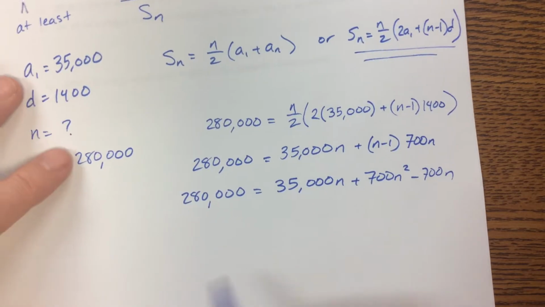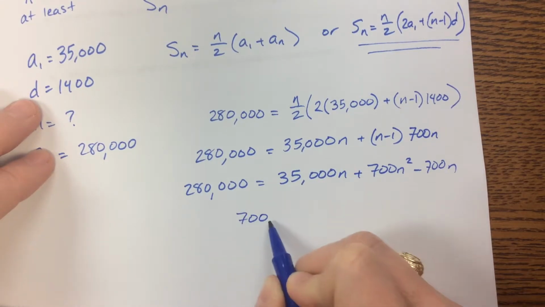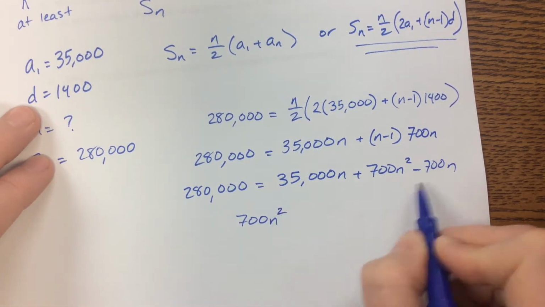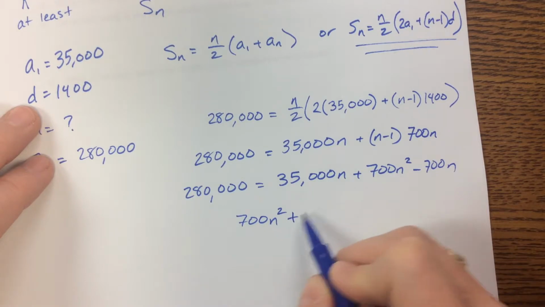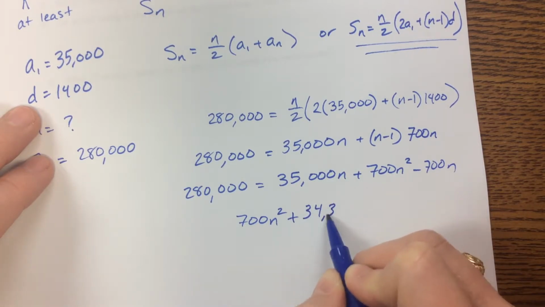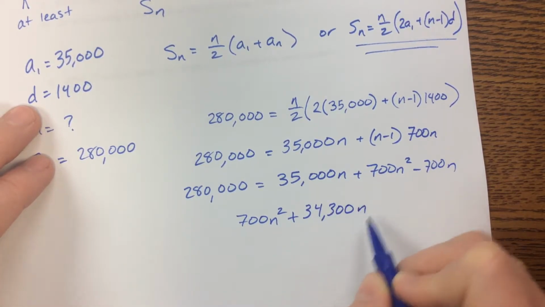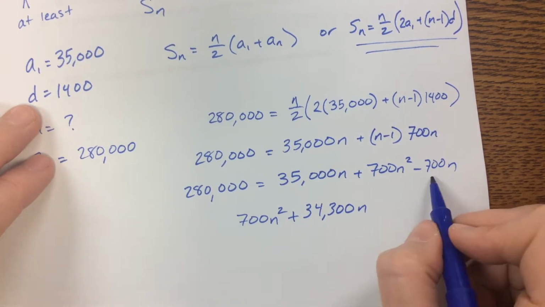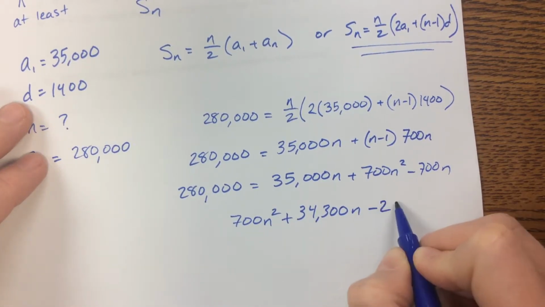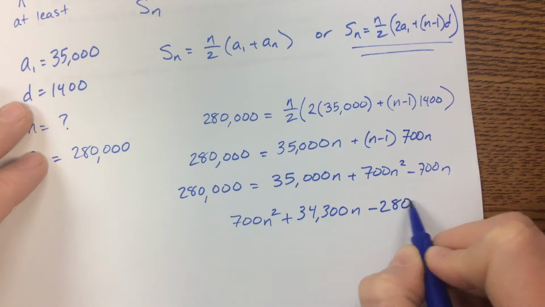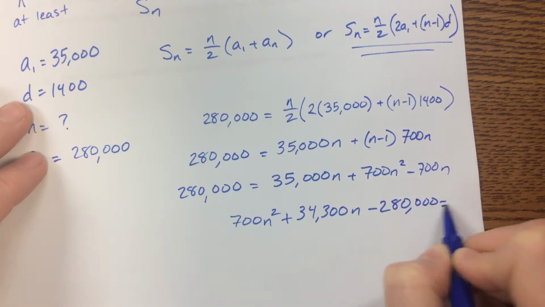Okay, and I notice that it's quadratic. This becomes plus 34,300n when I subtract away the 700, and then this, and it all equals 0.